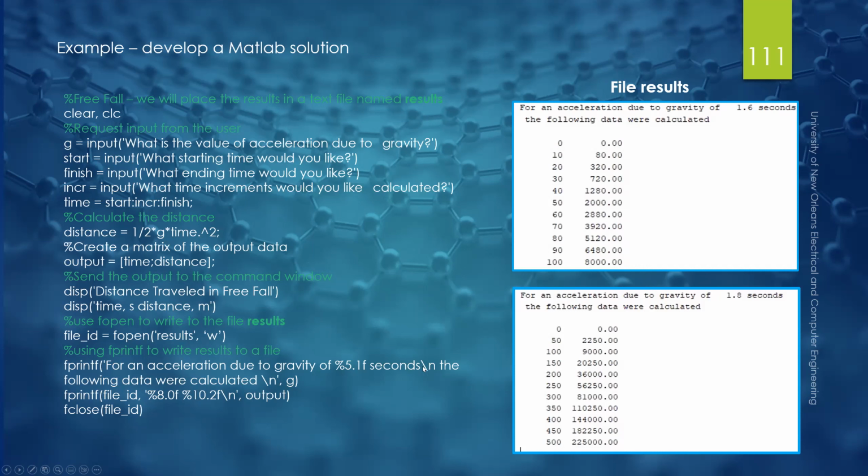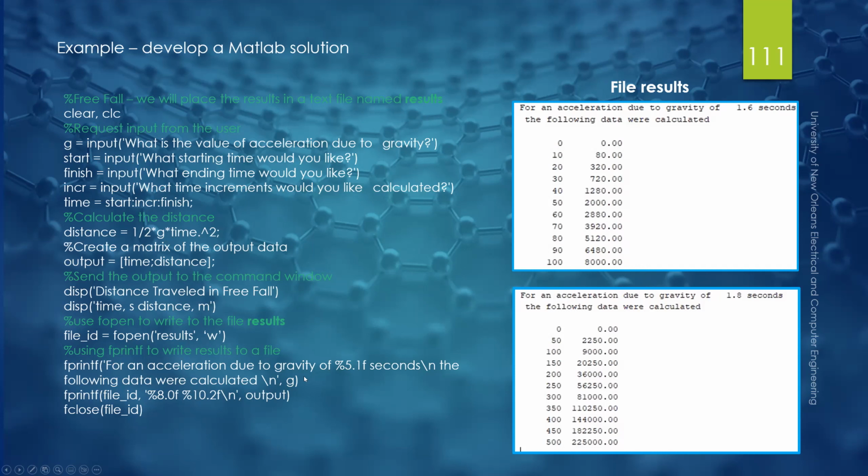Then I'm going to have a line. In the next line, I'm going to say the following data were calculated. Again, I'm going to have another line, and I'm going to show the result of G, which is the variable for this placeholder.